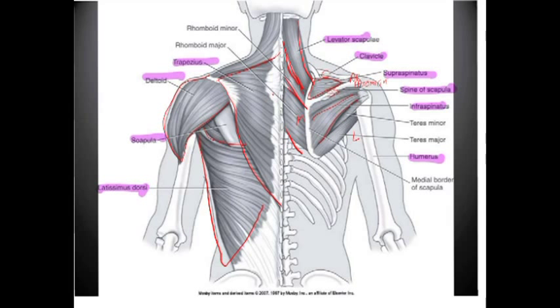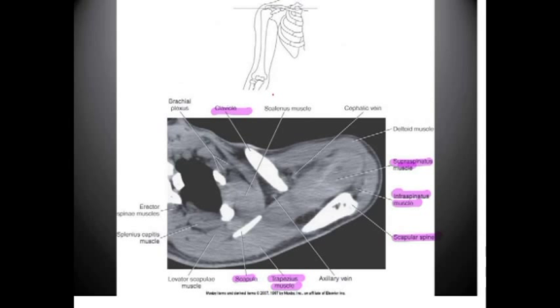So each of these serves a unique function to help maneuver the arm. But once again, things are not so clearly defined in terms of CT, so it becomes much more difficult to discern where things are located.